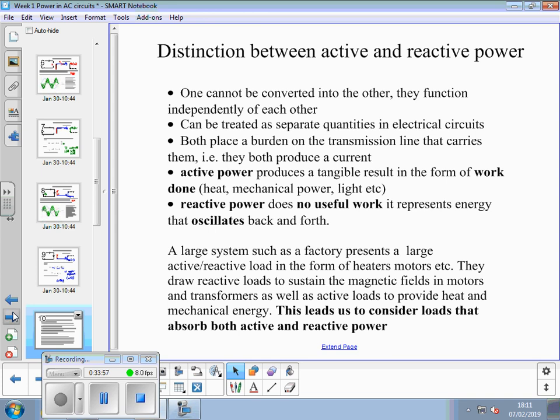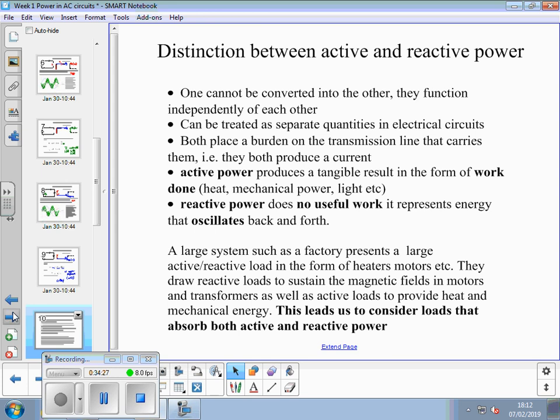They can be treated as separate quantities in electrical circuits, but they all interact. Both place a burden on a transmission line that carries them, i.e. they both produce a current. More about that later, but remember, the reactive power does no useful work, but it draws a current.